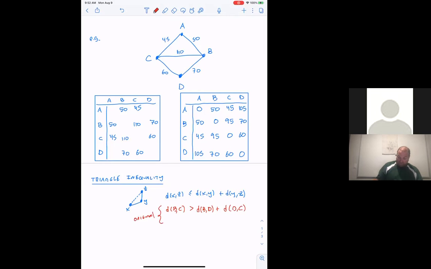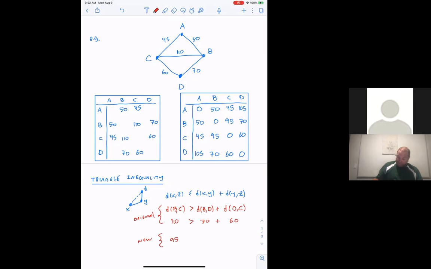The distance from B to C in the original is 110. It's greater than the distance from B to D, which is 70, plus the distance from D to C, which is 60. But the new one, the table of least weights, the distance from B to C least weight-wise is 95.